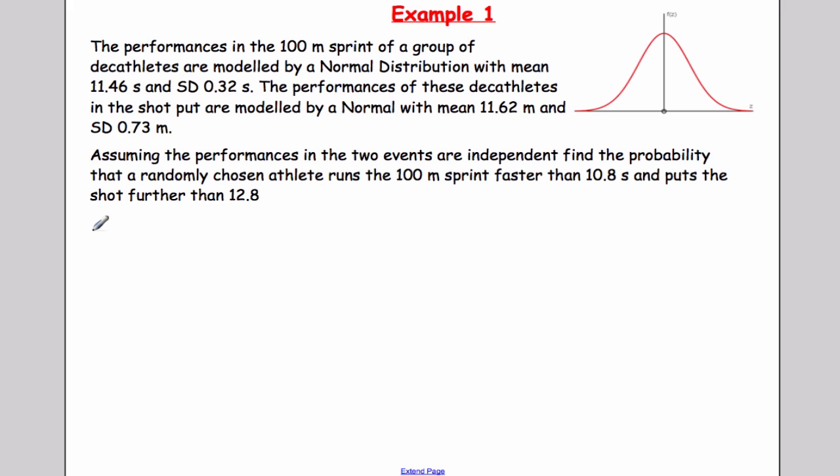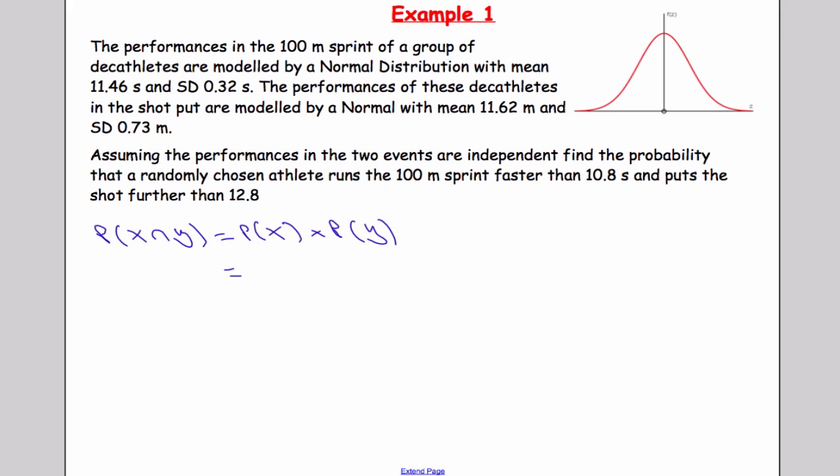So if I let X be the 100-meter sprint and Y be the shot put, essentially what I want to know is the probability of X intersection Y, and because the two events are independent, that means it's the probability of X multiplied by the probability of Y.